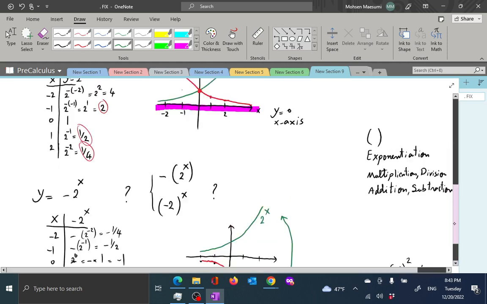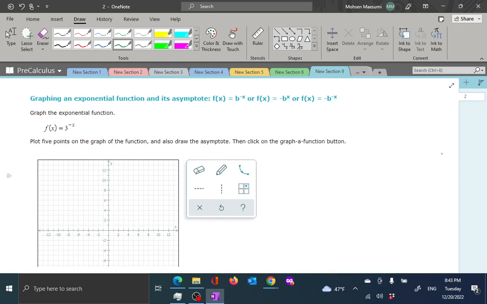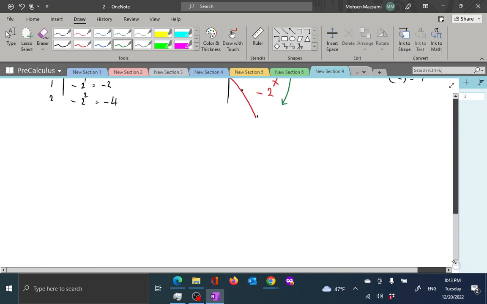Okay, so what is the third variety here? We have both minuses here. So now I have y is equal to minus, say, 2 to the power of minus x. The two minuses, each of them do their own thing.